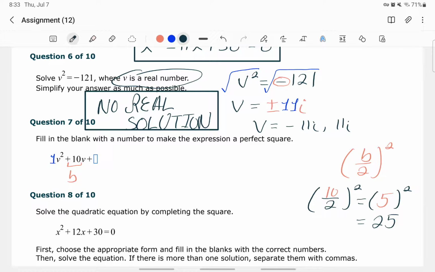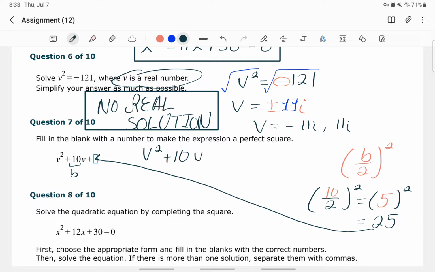So therefore, we can plug our 25 into here. This will be V squared plus 10V plus 25.